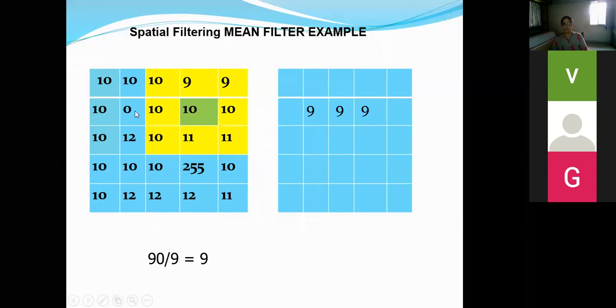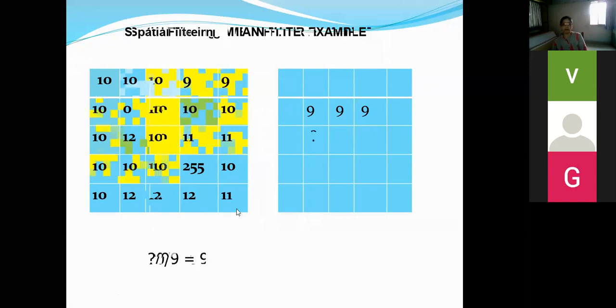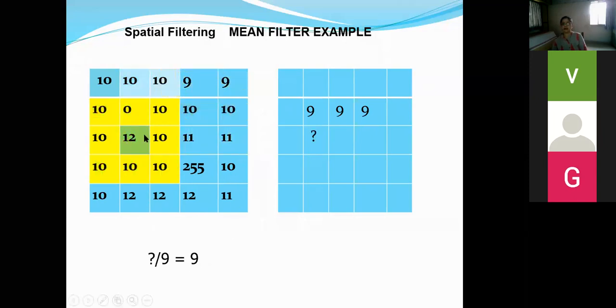Now, once we complete these 3 pixels, we are going for this next pixel. Now you have to determine the new value of this pixel. Yes, there is a question. Very good, Sai, that you have asked this question. The question is, ma'am, do we have to take the central value also?